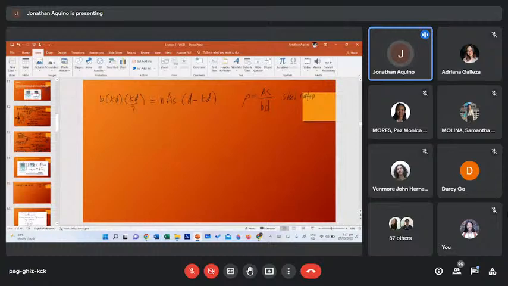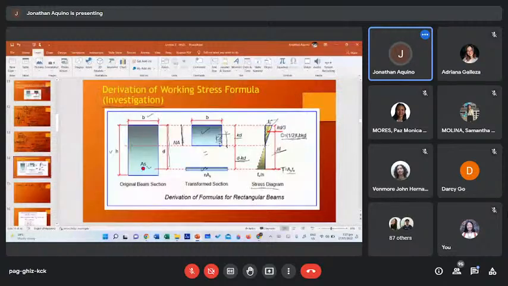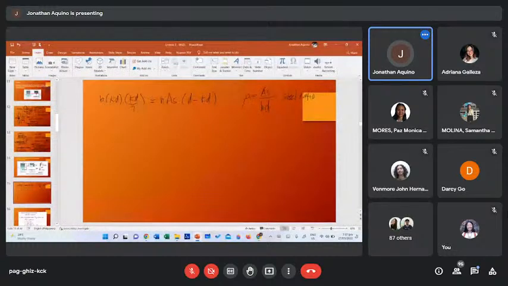So take note that the d natin dito is the centroid or the effective depth of the section. So in this formula, we can say that As is simply rho bd.